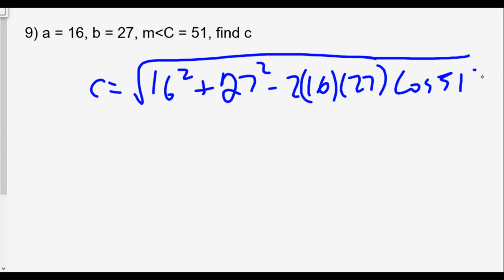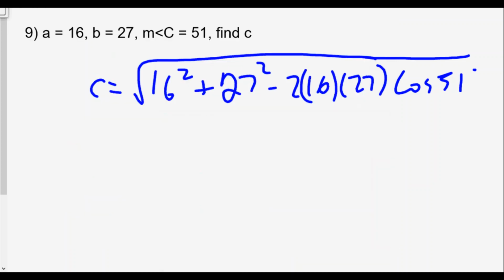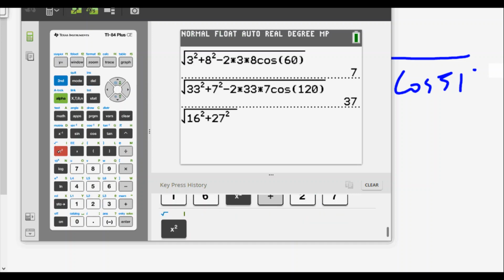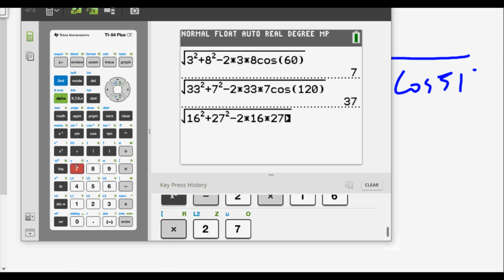So, okay, square root of 16 squared, and the other number was 27, yes, so plus 27 squared, minus 2 times 16 times 27 cosine of 51 degrees.